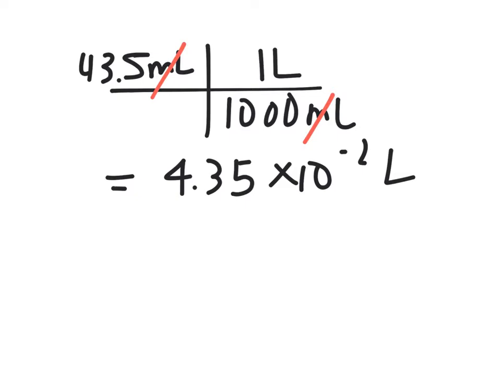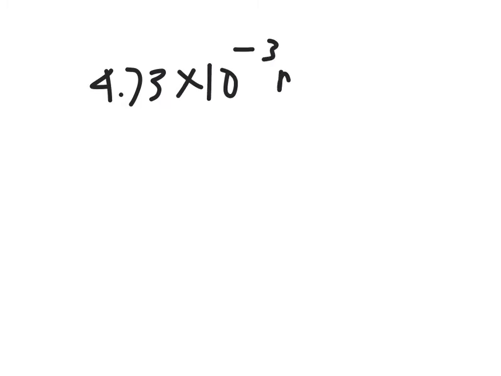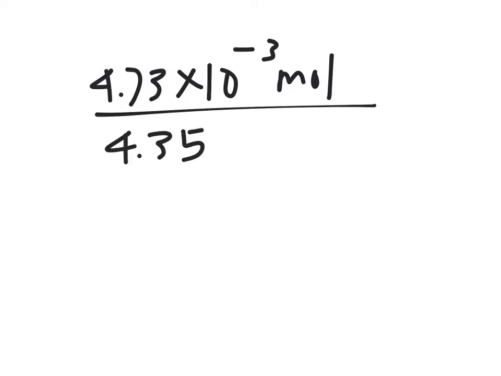If I want to calculate the molarity now, I take the moles that I first calculated, 4.73 times 10 to the minus 3 moles, and I divide it by my volume, which was 4.35 times 10 to the minus 2 liters.